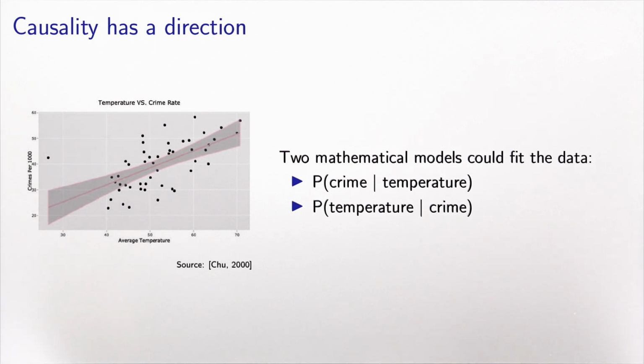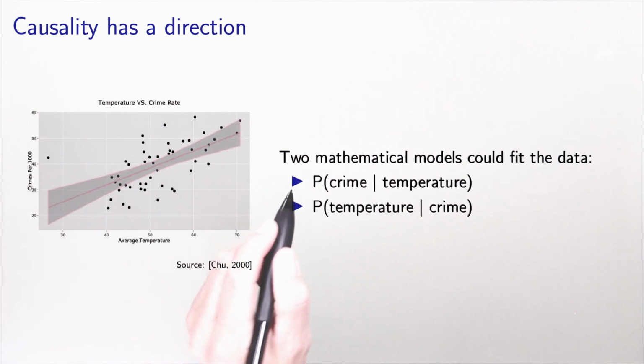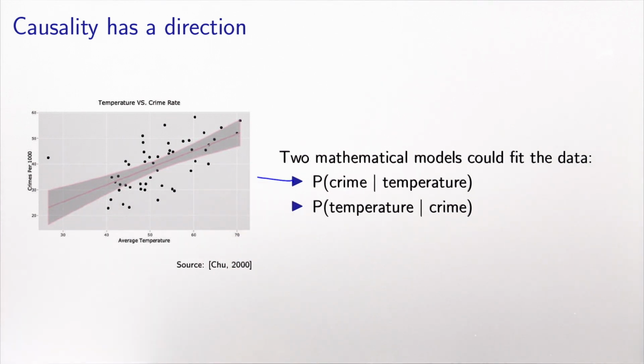Here you have a data set where each point represents statistics about crimes in a country, I don't remember which one, and the temperature. And what you can see is that there is a correlation between crime and temperature. Because of this correlation, I can write 2 mathematical models that can fit the data. The first one would predict the crime as a function of temperature. And the second one would predict the temperature as a function of crime.